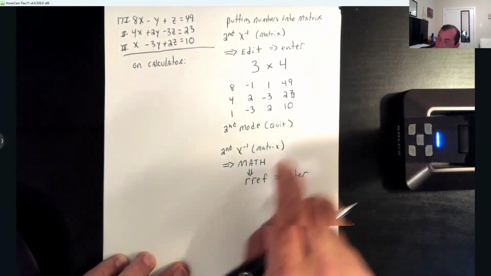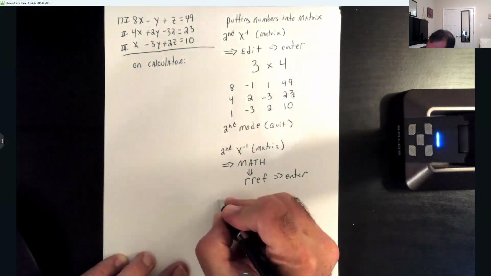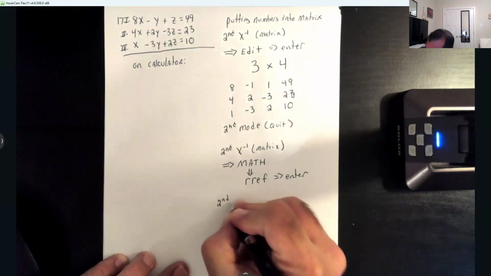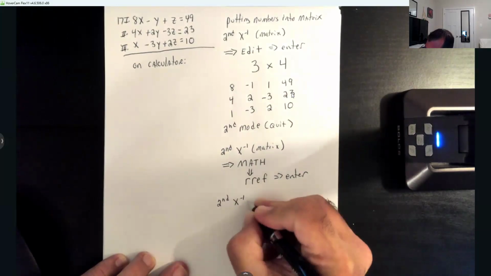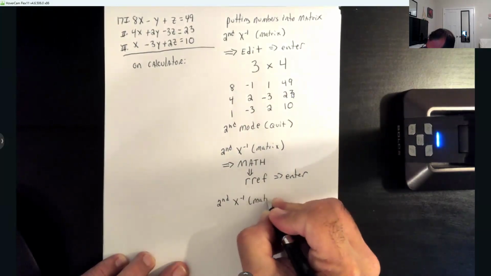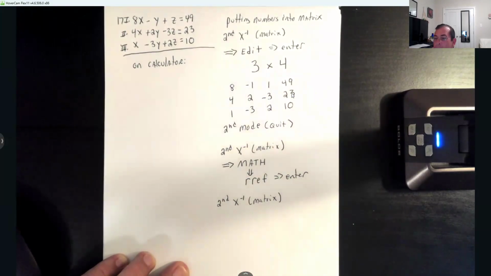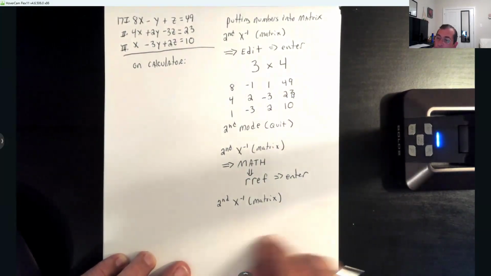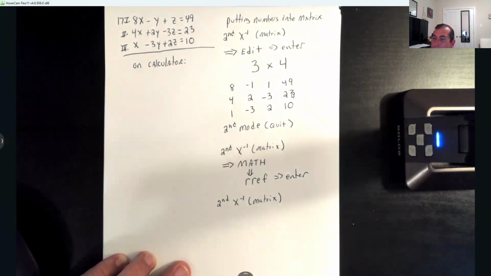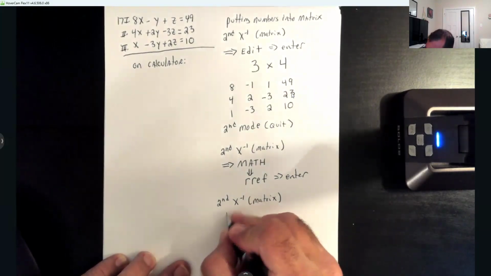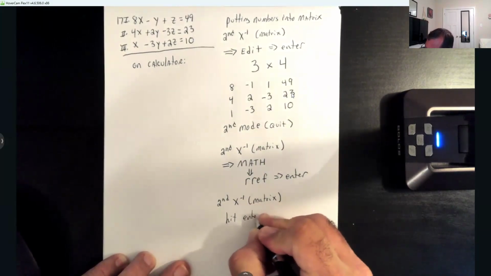So now we go back and get the matrix. For the third time, we're going to hit second, x negative 1 to go to the matrix stuff. And y'all always hit enter at this point because I always put number 1 as the matrix I'm doing. So hit enter for the matrix.